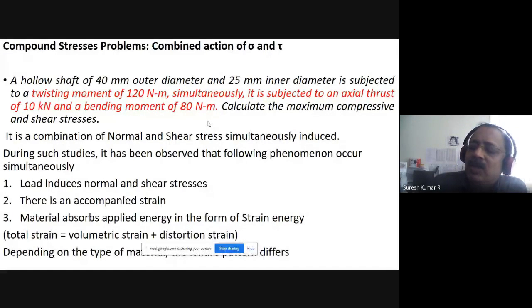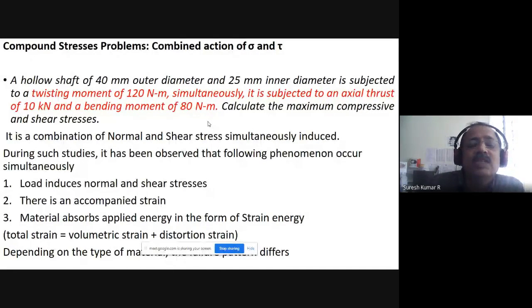So I have a normal stress, a shear stress, and a strain. Whenever we subject a material to some applied force, whatever energy is input is absorbed by the material in the form of strain energy. This can be total strain energy: total strain energy is volume strain energy without distortion plus distortion strain energy.